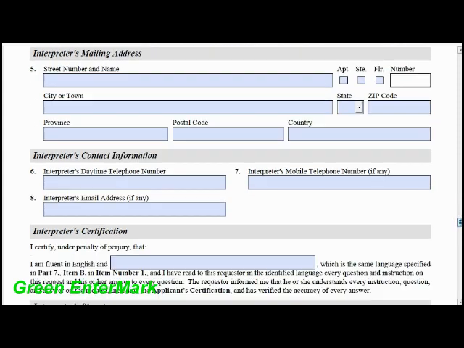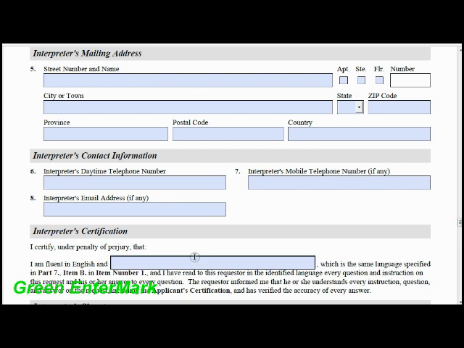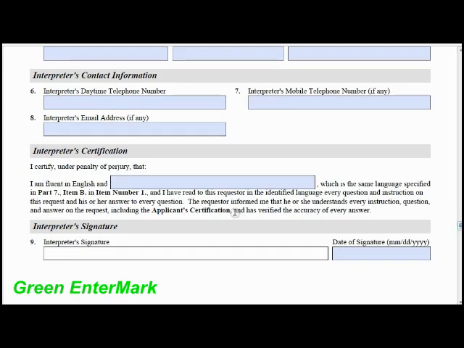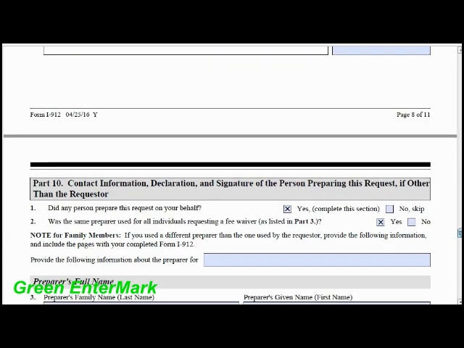The interpreter mentions all these things here. Also the certification that he knows English and is fluent in English, and then he signs it and gives the date. With this, part 9 is ended.